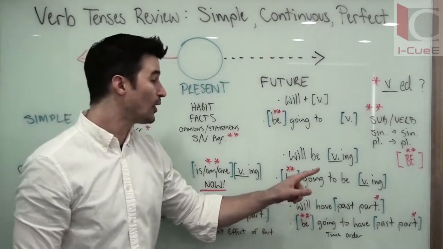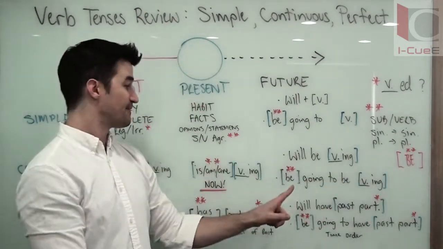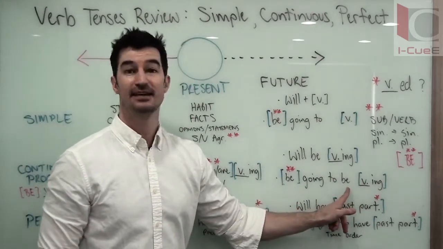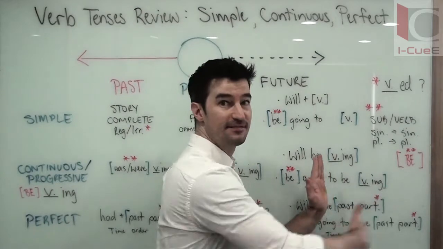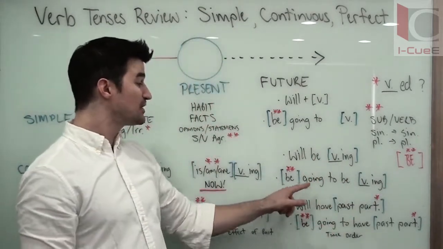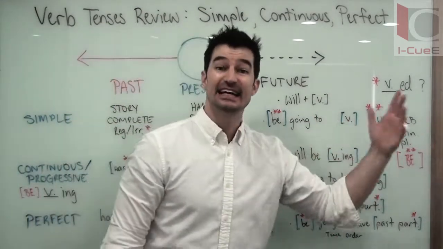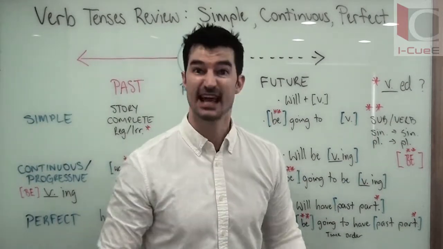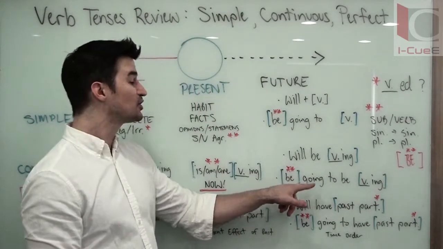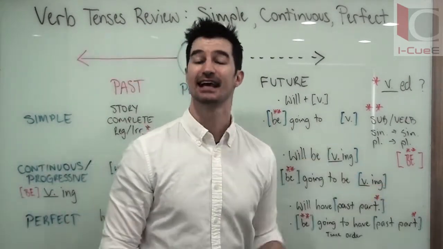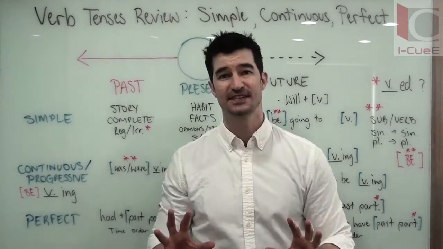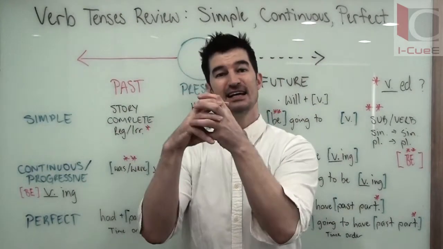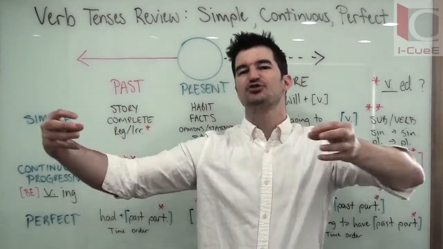However, be going to be verb-ing, the first be is subject-verb agreement. The second be is not. That's part of the be verb-ing. So, I am going to be eating dinner sometime after shooting this video because it's late in the afternoon. That's what I am going to be doing later. So, the progressive tenses are really the same ideas as the simple tenses, but we're taking ideas of actions and we're stretching them over time.